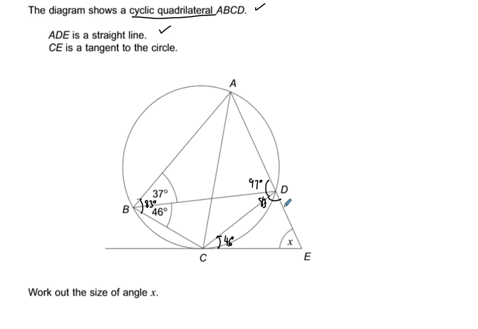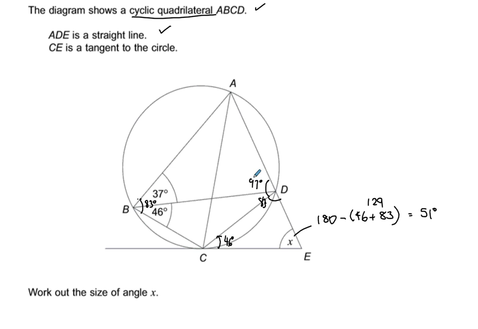If that's 83, that bit there, and that's 46, don't we already have that? It couldn't have been that easy. 180 minus 46 plus 83 equals 129, which is 51. So it was that easy.